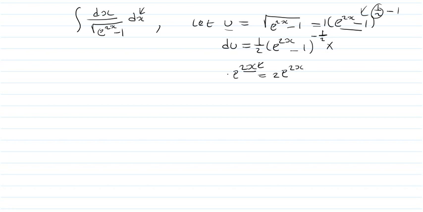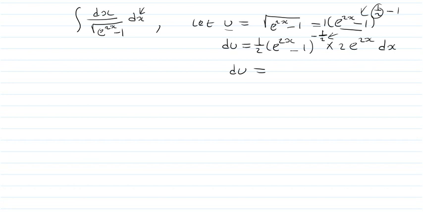So in this case, we're going to have 2e^(2x) as the differentiation of the inside function. Then we have a dx. Simplifying this, we are going to have du, which will be equal to, since it has a negative power here, it's going to be on the denominator.